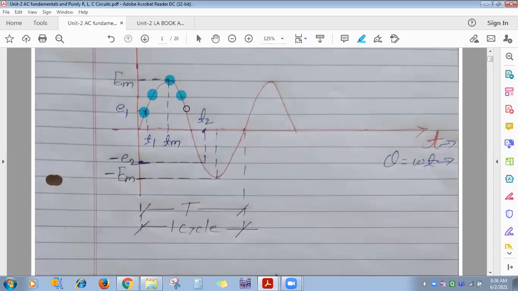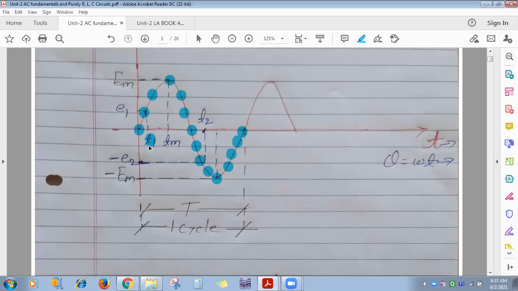Go on plotting it at 180 degrees or whatever is the time here. Here it is 0 and so on. These are called instantaneous values at that time. Whatever dots I have represented here are called the instantaneous value.